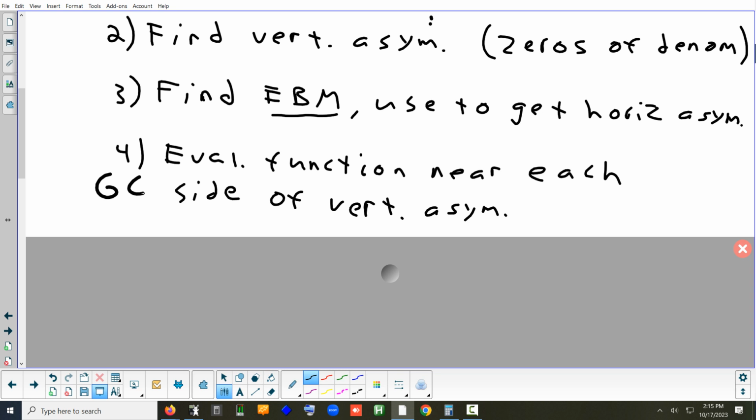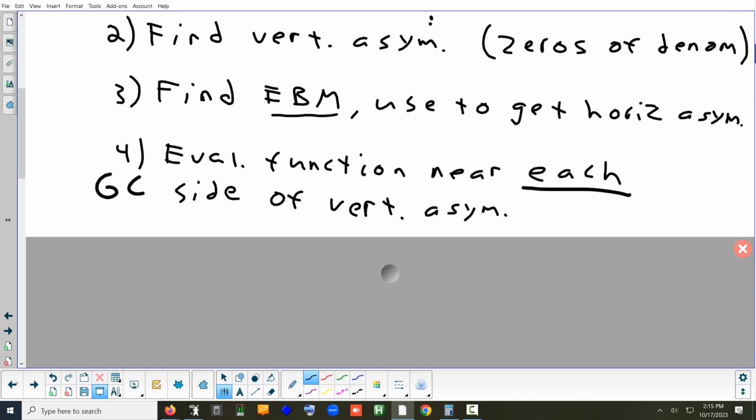So once we get a number that's a vertical asymptote, we're going to check a number on each side of that asymptote. I guarantee what's going to happen every time is when you plug in a number on one side, you're going to get a really big answer. When you plug in a number on the other side, a really small answer. Like I'm talking big approaching infinity and small approaching negative infinity.